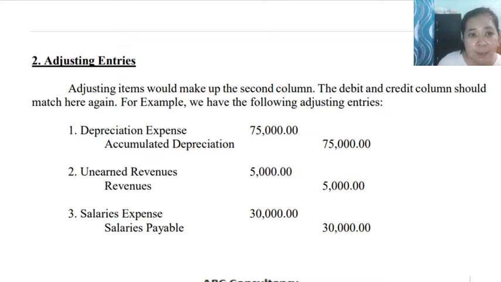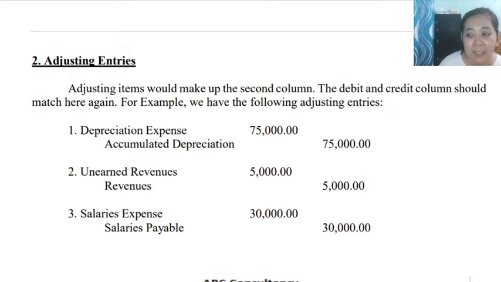And lastly is for our salaries. Normally this happens when, for example, the payment of the salary falls on the 15th or 30th of the month, and the ending of our accounting cycle falls in between, before the salaries will be paid.